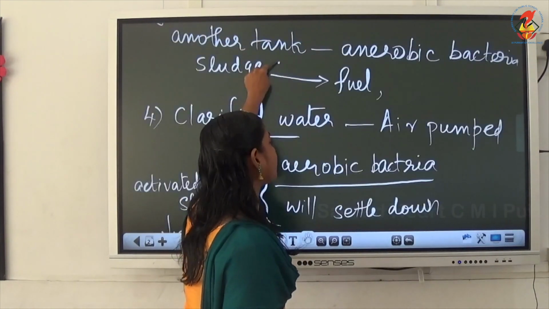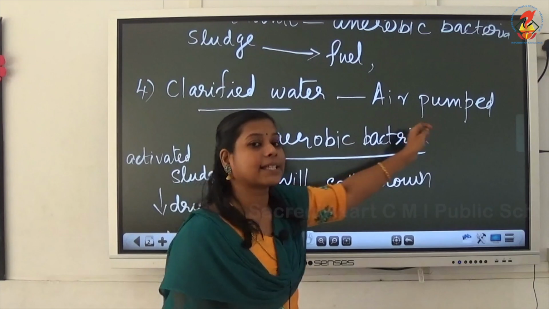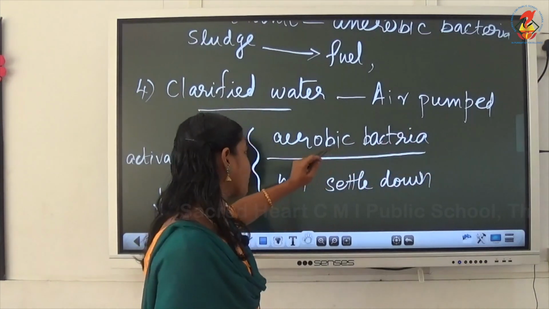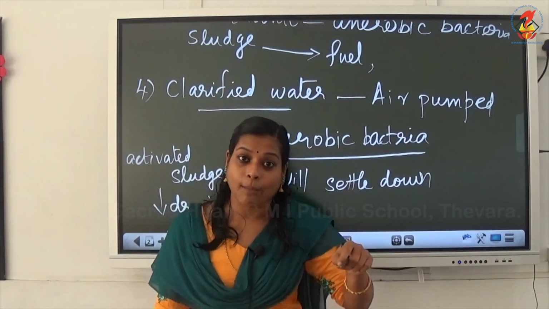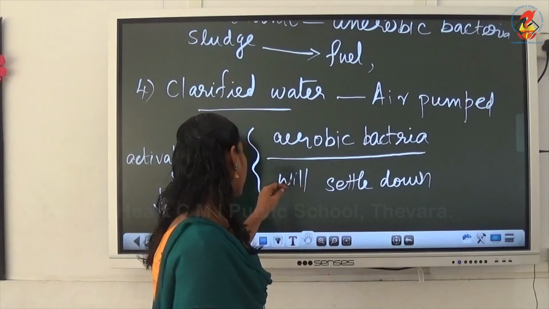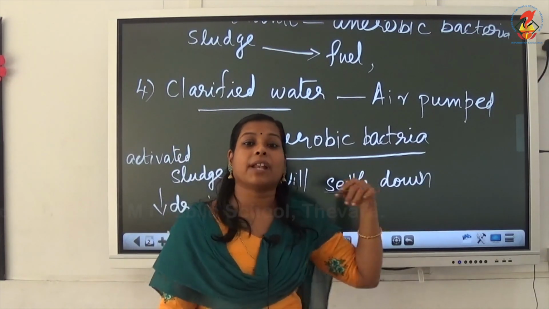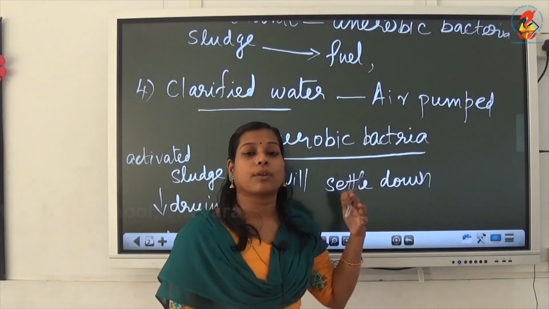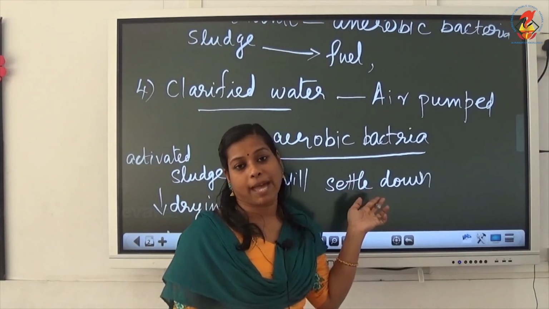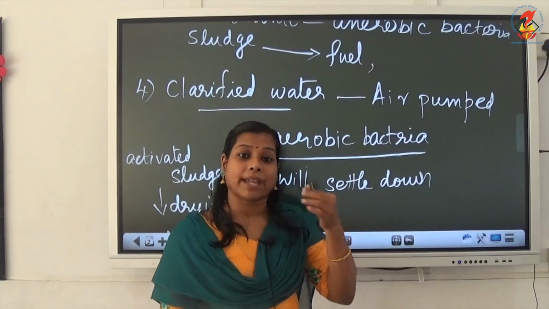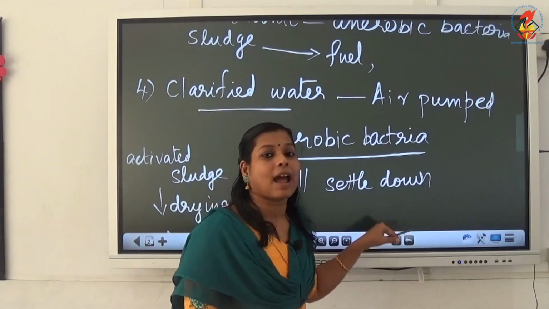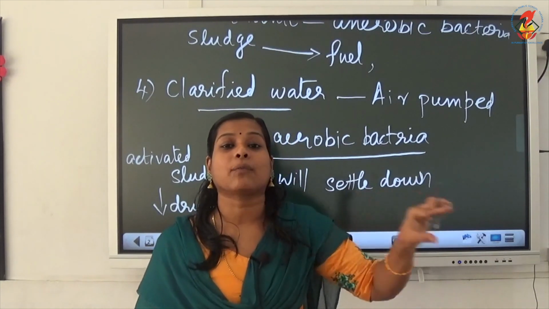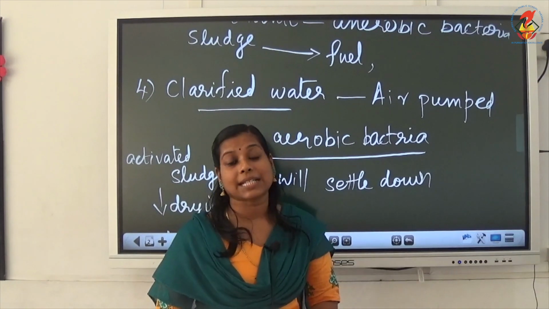To that clarified water, air is being pumped in large quantities, so that aerobic bacteria will start growing there, and they will consume all the still present impurities in that water, and after eating it, they will settle down at the bottom, and that will be removed as an activated sludge.